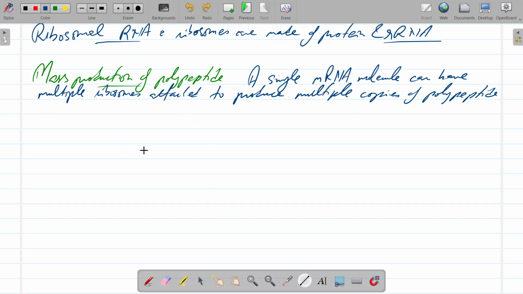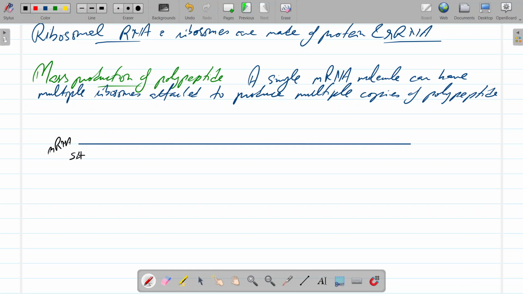So you've got this mRNA molecule over here, right?